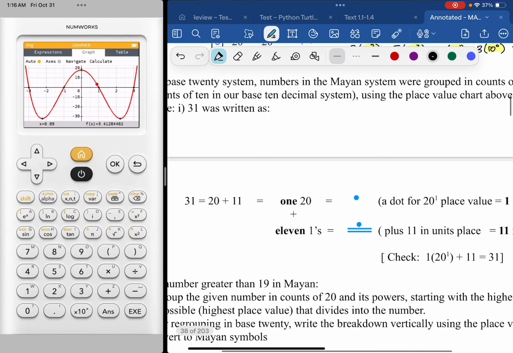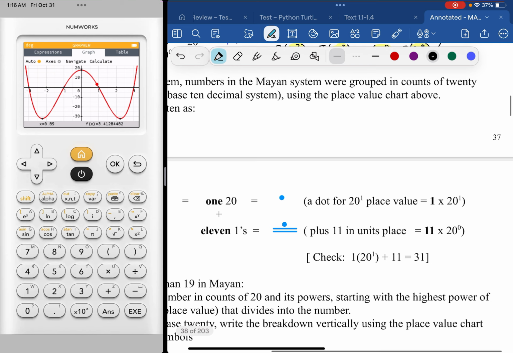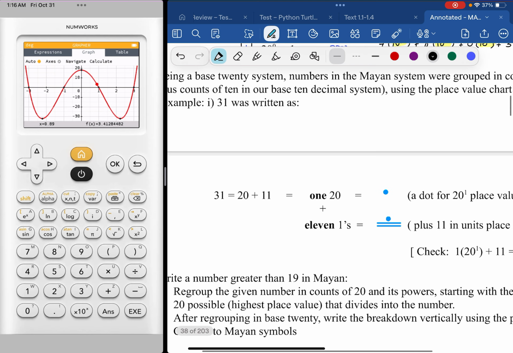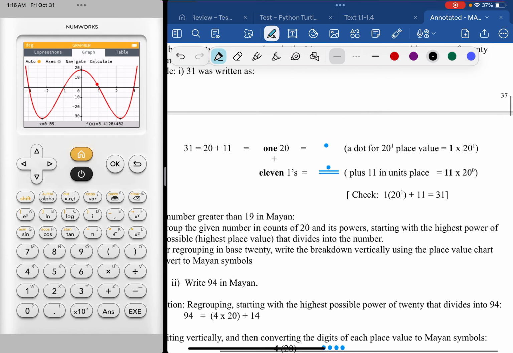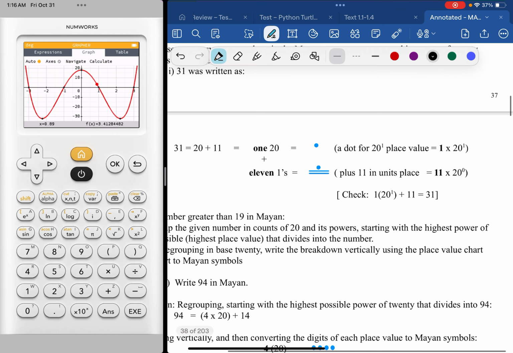So what we would do is organize it by place here. But when I say 1 twenty and 11 ones, it's really the same as saying one of those 20 to the first powers and 11 of those 20 to the 0th powers.